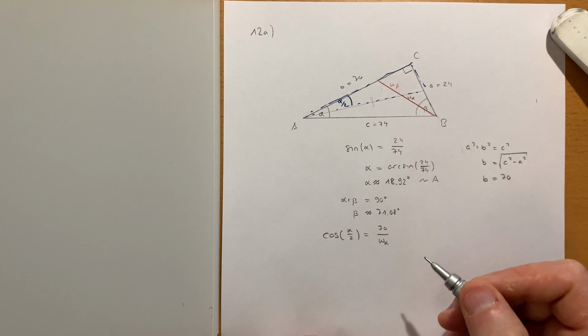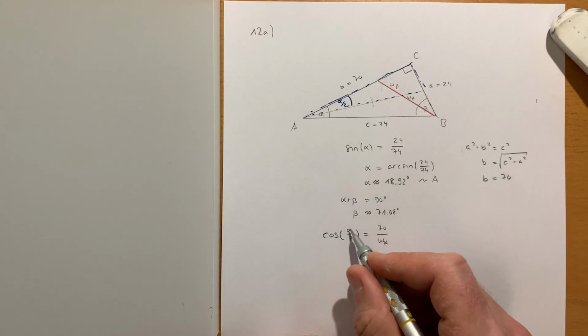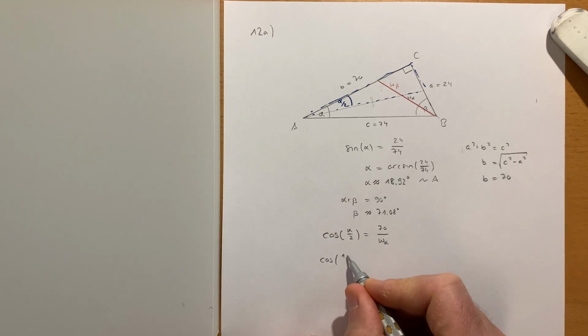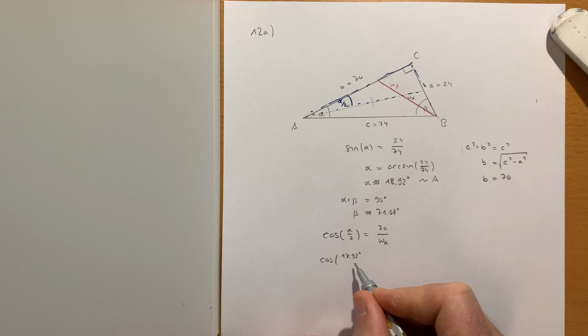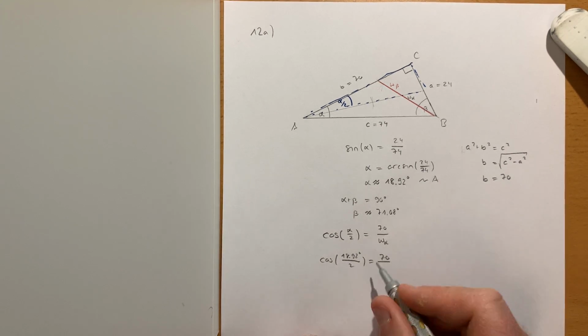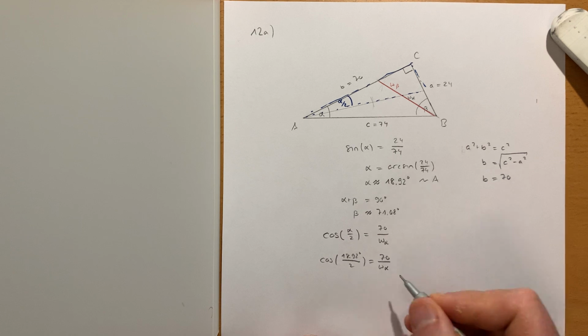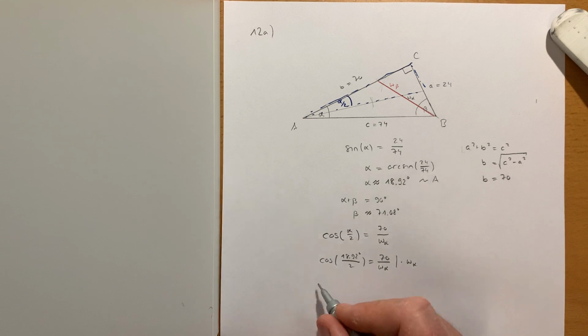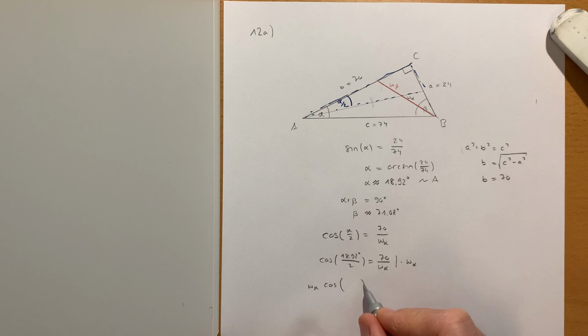Look how great that is, because now we can work it out. Cosine of 18.92 degrees over 2 is equal to 70 over W alpha. Then we multiply everything by W alpha. So we get W alpha times cosine of 18.92 divided by 2 is equal to 70.